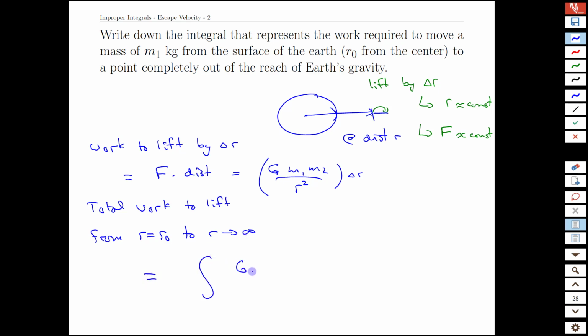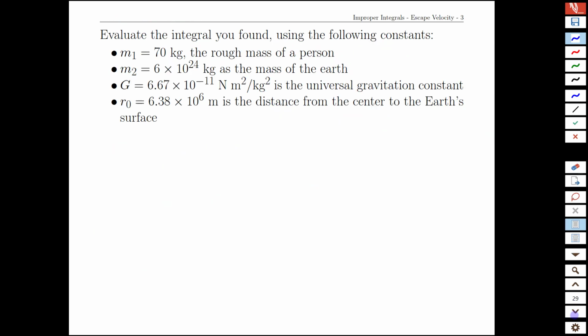It's exactly the force we talked about before, G m1 m2 all over r squared, and the only change is the delta r turns into our infinitesimal, our super tiny dr, and our limits are r0 to infinity. And that'll be the work to lift some object from the surface of the Earth all the way out of Earth's gravitational field. All right, let's go evaluate that.